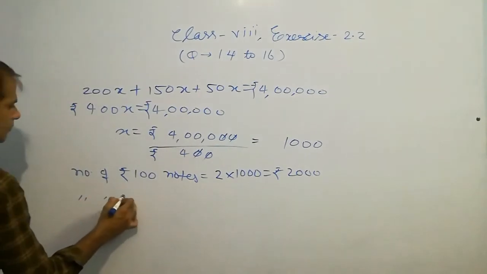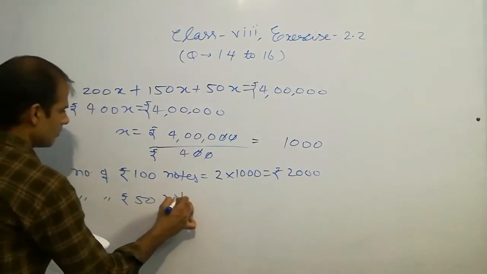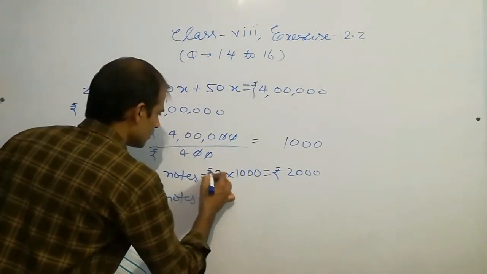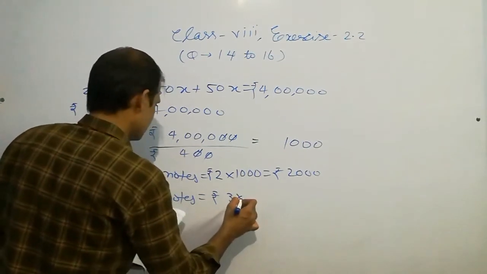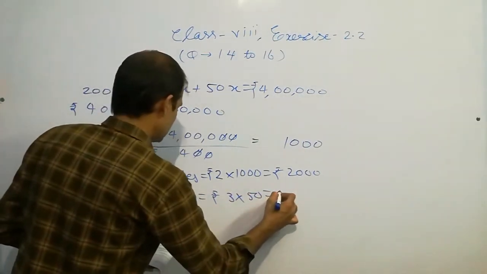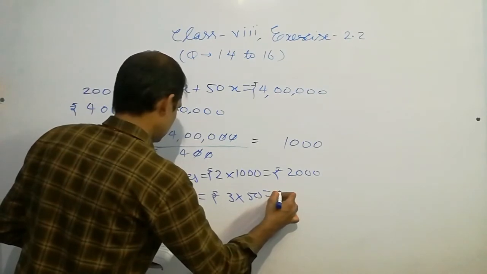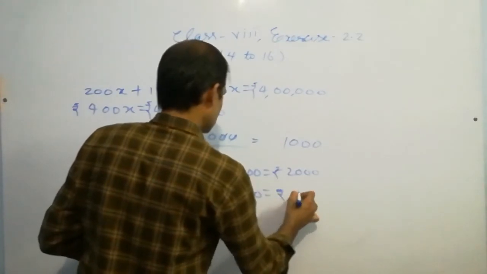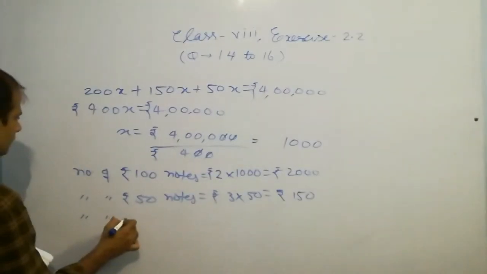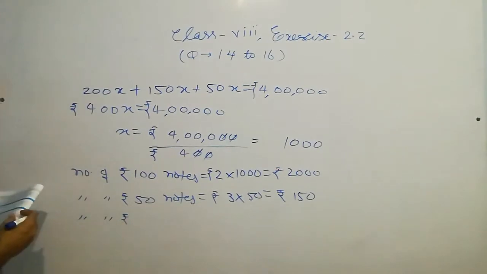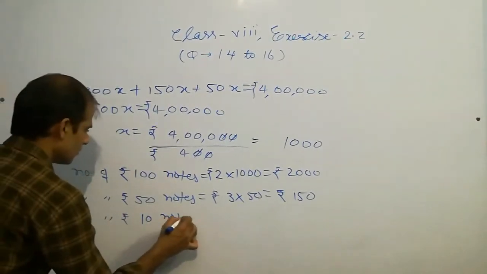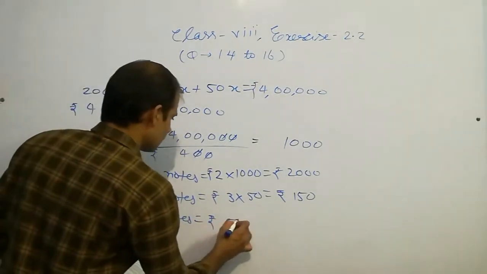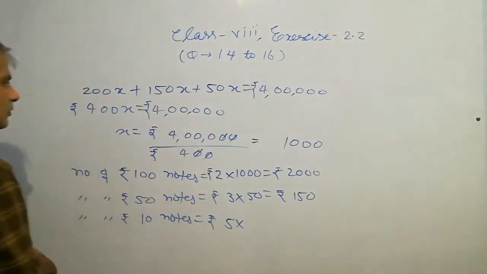Then number of rupees 50 notes equals, that was 3x, so it is 3 into 1000.